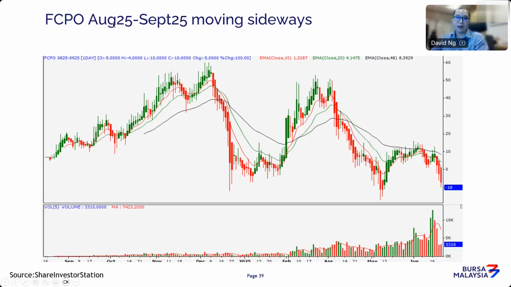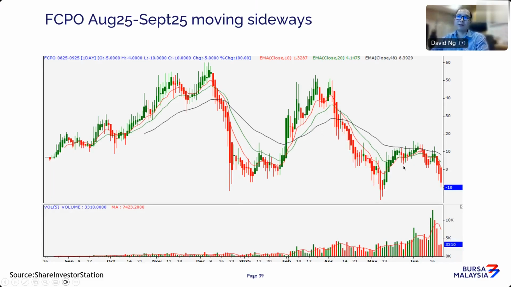So this is the SCPO August-September calendar spread. You can clearly see that back in early in the year, this calendar spread was doing quite positively, telling you that August is priced higher compared to September. Now that has changed in late April or early May, when it goes from positive 50 down to 0.